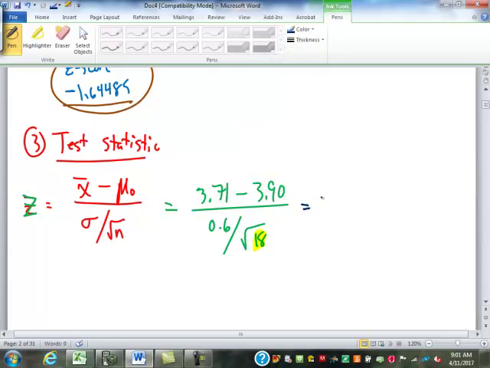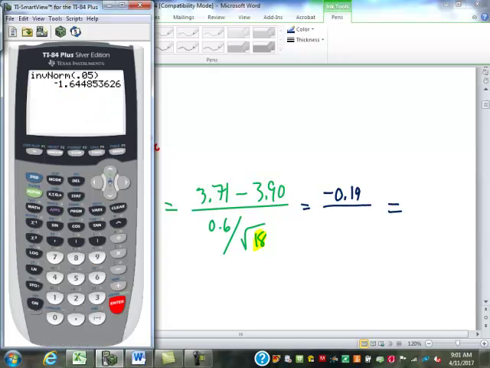So 3.71 minus 3.90 is a negative 0.19. In fact, I'm just going to show you how to enter this all into any calculator. It doesn't have to be a graphing calculator. You just do parentheses 3.71 minus 3.9, close parentheses, divided by, then open parentheses again, 0.6 divided by square root of 18.